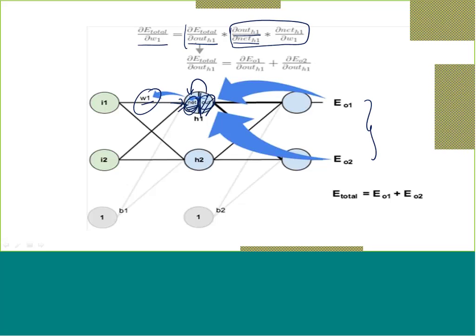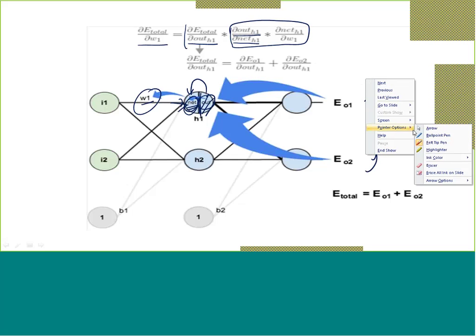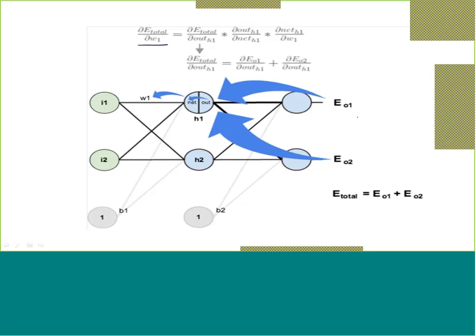E total is this. You are differentiating it with out H1. So this is out H1 here, right? You are differentiating this total error with this term. Total error is a sum of EO1 plus EO2.